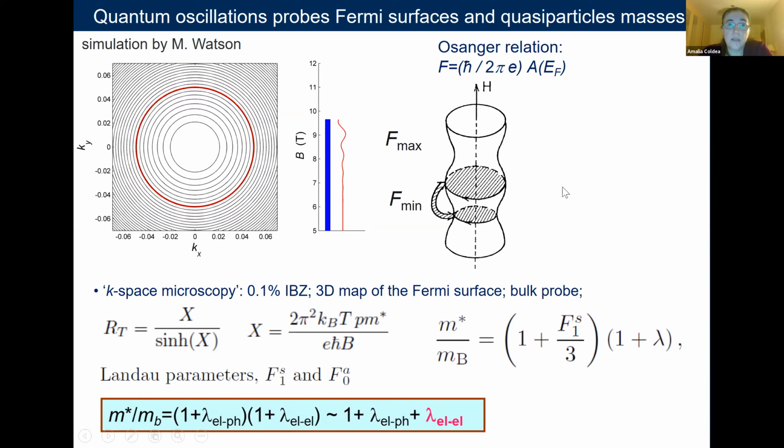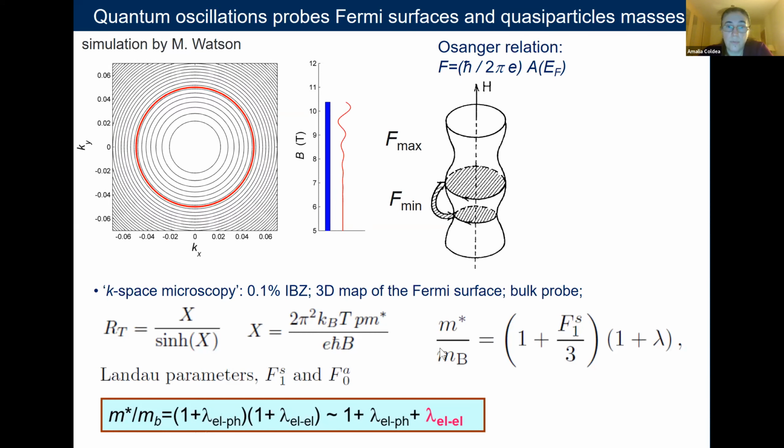Quantum oscillations allow access to many other parameters, and using the Lifshitz-Kosevich formula, we can directly access the effective masses, which are cyclotron averaged. If one can calculate the band masses and estimate the effect of electron-phonon interaction, then from the quasi-particle effective masses one can relate to the strength of electronic correlations.